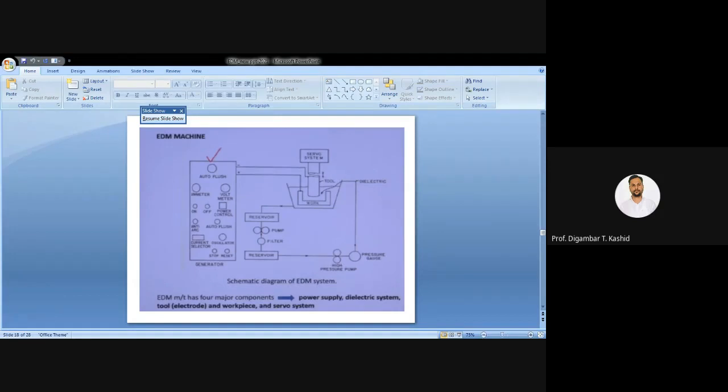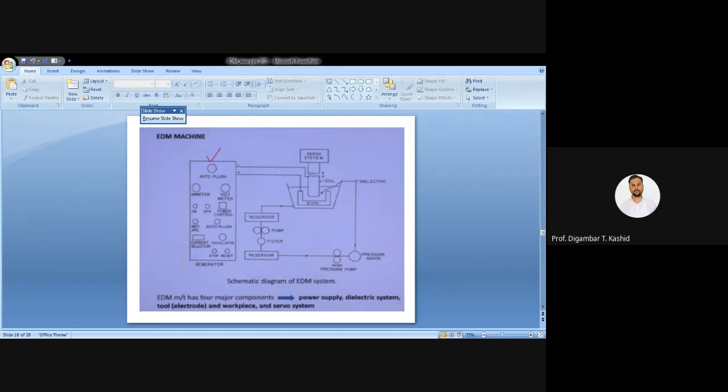So the dielectric fluid is sucked through the hollow tool, and from the outside you can see the dielectric fluid coming into the gap. Whatever supplied dielectric fluid is there, you can suck using this hollow tube in your tool.